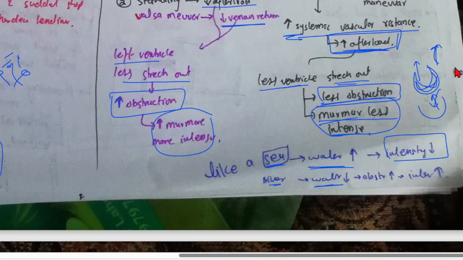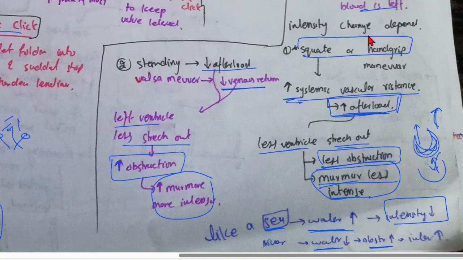Just like a river, you have to understand this. First of all, understand that afterload increases or afterload decreases. In the Valsalva maneuver, venous return decreases. If blood decreases, the obstruction increases.